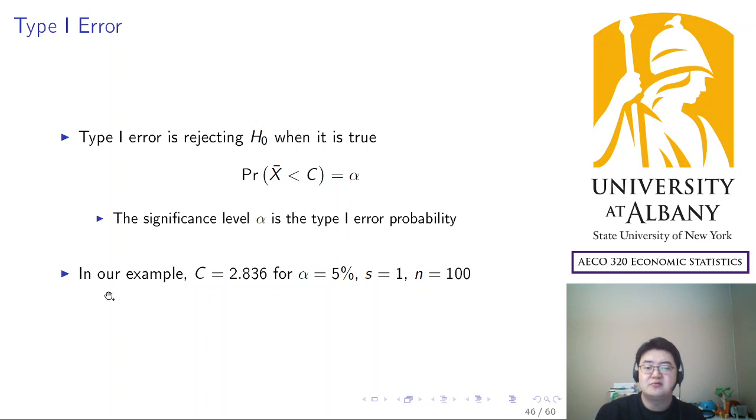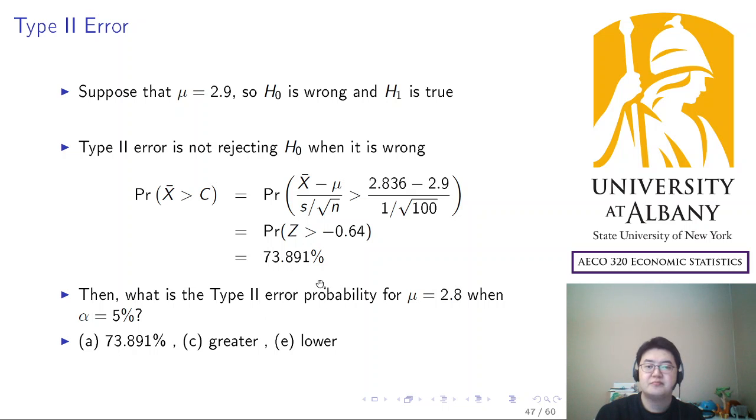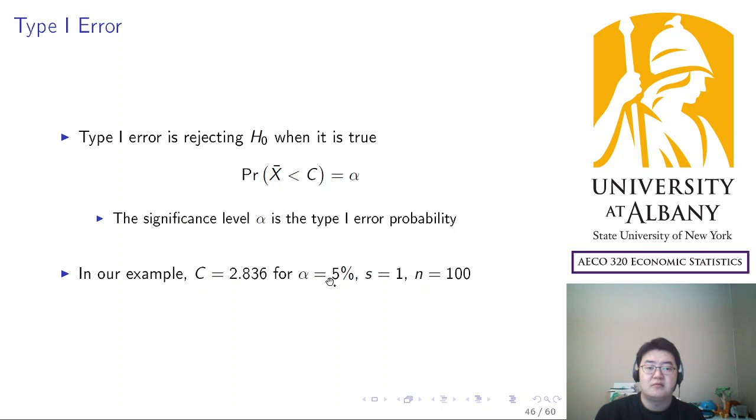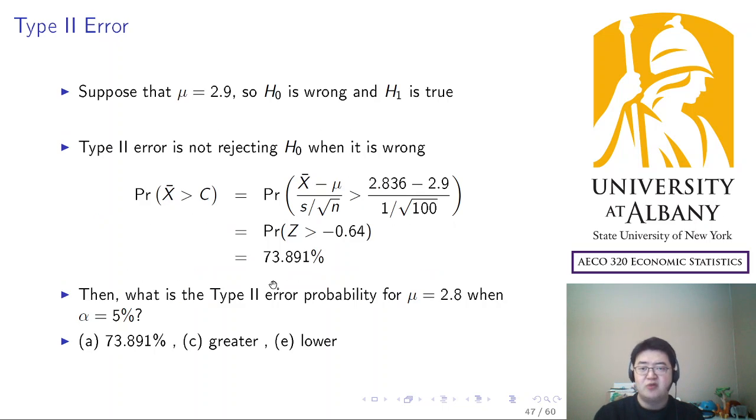And in our example, alpha is 5%, so that is simply the type 1 error probability. And remember, we calculated the critical value as 2.836, and we are going to use it for type 2 error probability. Type 2, similarly to the two-tailed test, error probability is a little bit more involved.